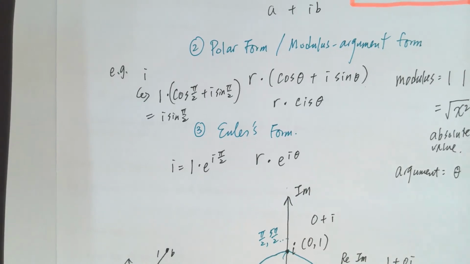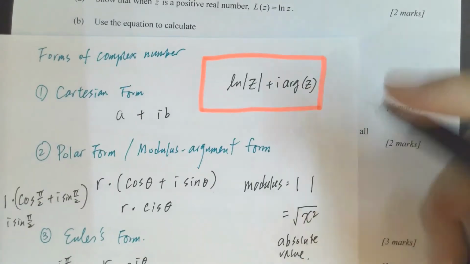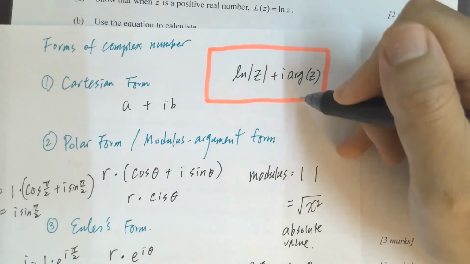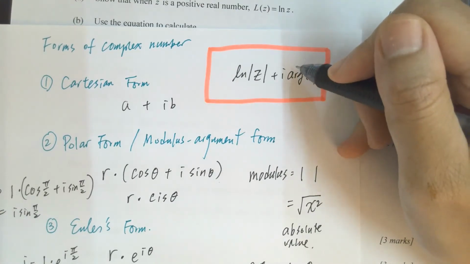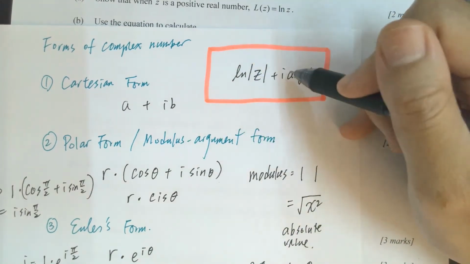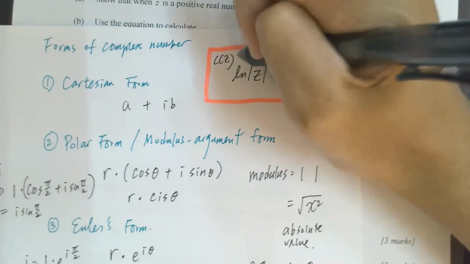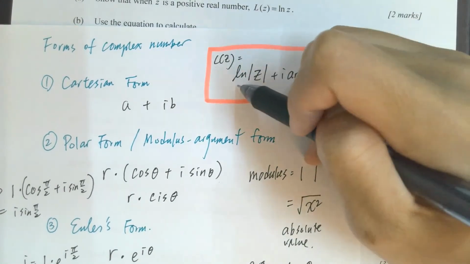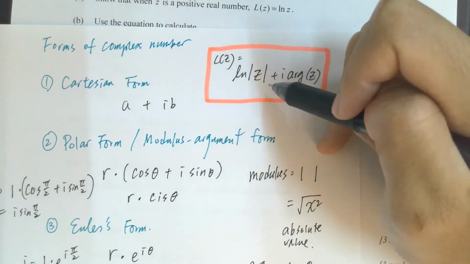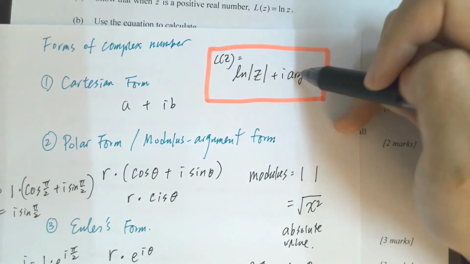That's cool. So let's come back to this lovely equation here. Okay, so argument. What does this equation say? Basically, it is trying to mimic one of the forms. It says L of z is really rewriting the ln of the modulus of the complex number, plus i times the argument of the complex number.